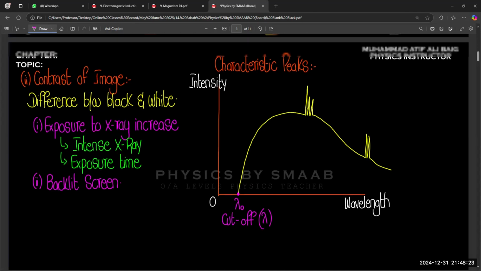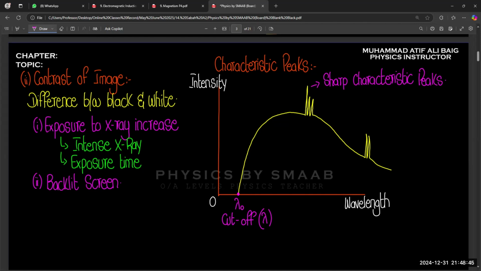And this characteristic represents sharp characteristic peaks. And for the rest, we have a curved line. We have either peaks or a curved line. So this curved line represents a continuous distribution of wavelength.